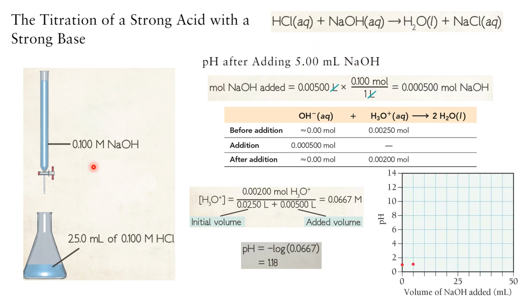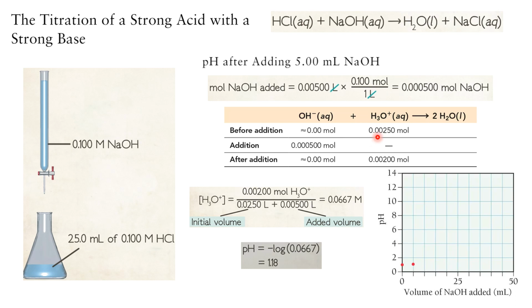That all depends on how concentrated that sodium hydroxide is, and in this case, it's 0.100. So I can get moles of sodium hydroxide, knowing that I had 5 milliliters, which I converted to liters right over here, times the concentration to give me the moles of hydroxide that I added to my acid flask over here. And I make a reaction table, and I show how you start with 0.00250 moles of your H3O.